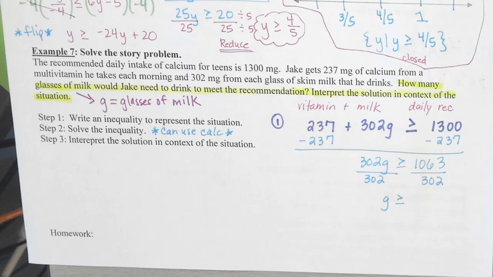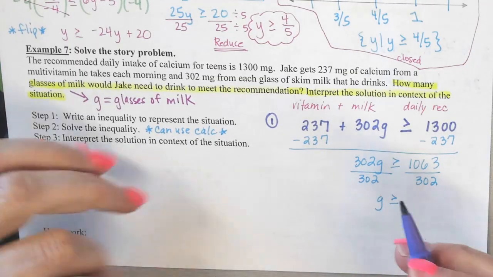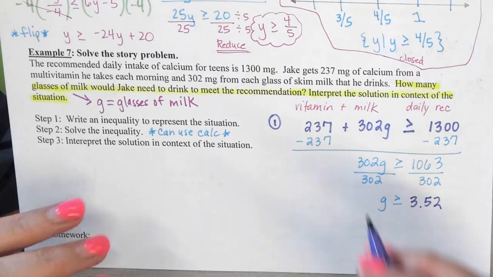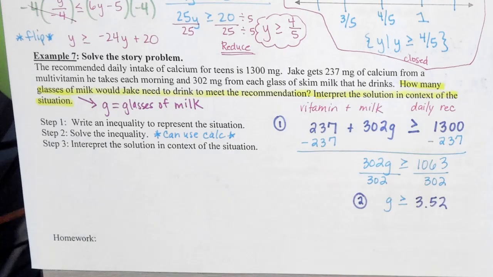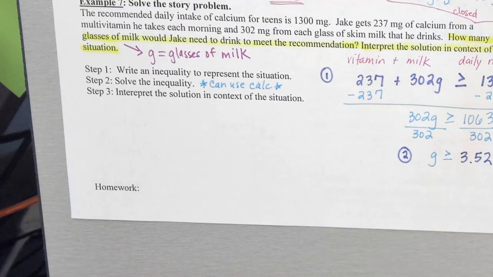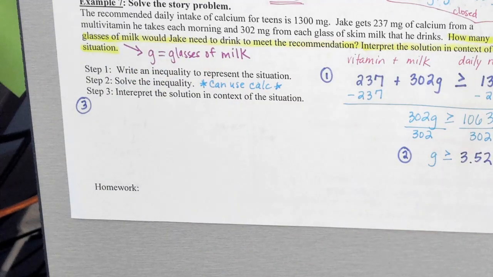And for this, let's round to the hundredth place. Okay, so we should have got 3.52. All right, fine. Okay, so G is greater than or equal to 3.52, and then the third thing we have to do is interpret in context, our favorite thing.